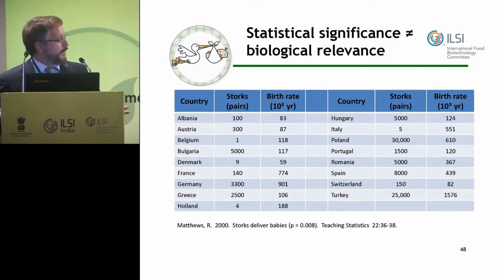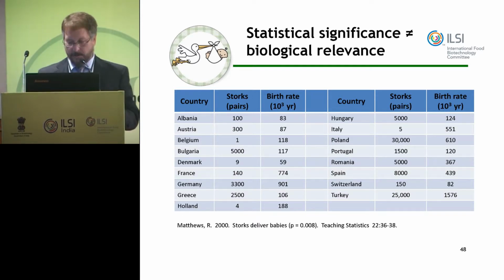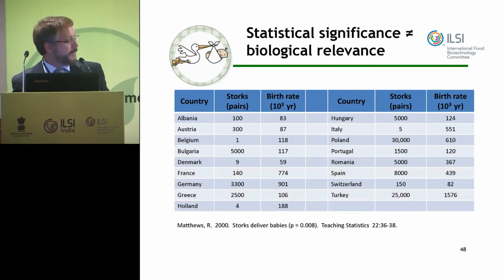Well, in this case, they looked at the number of storks and the birth rate in different countries in Europe, and they did a regression and came out with a p-value of 0.008, highly significant.